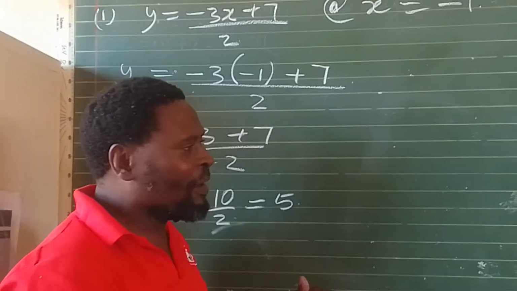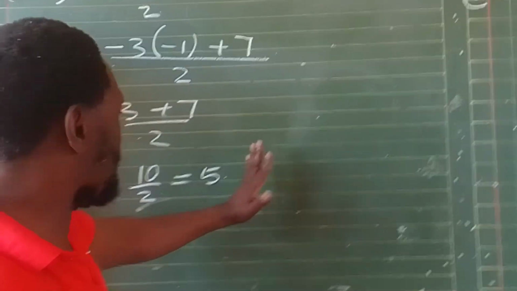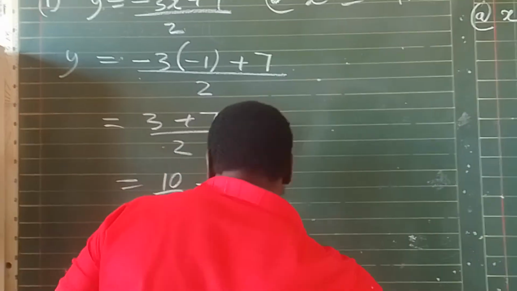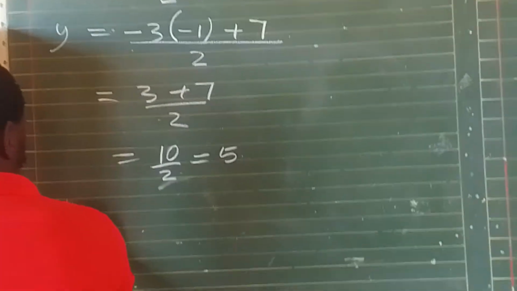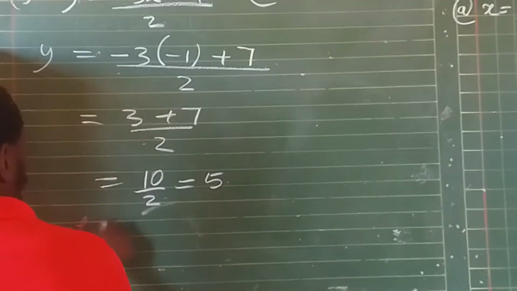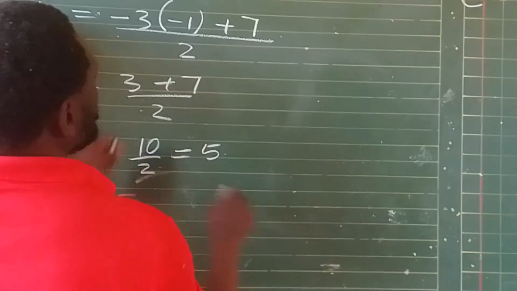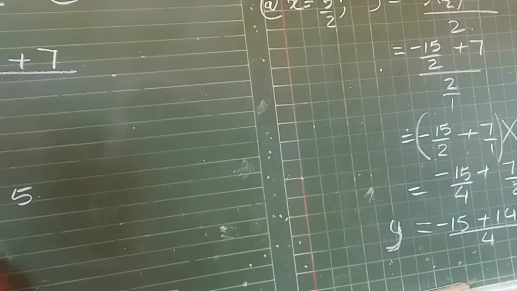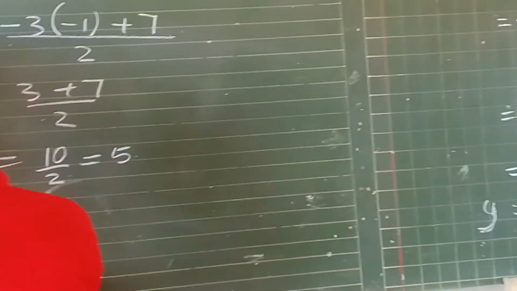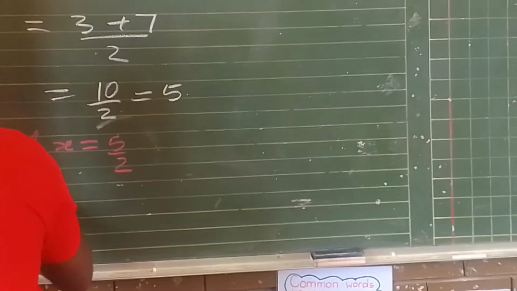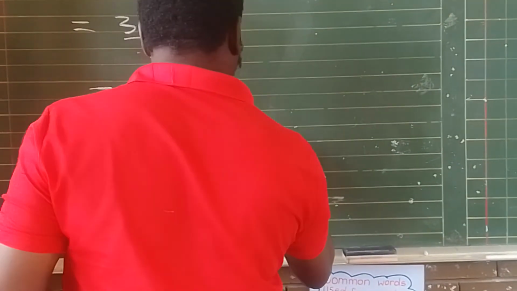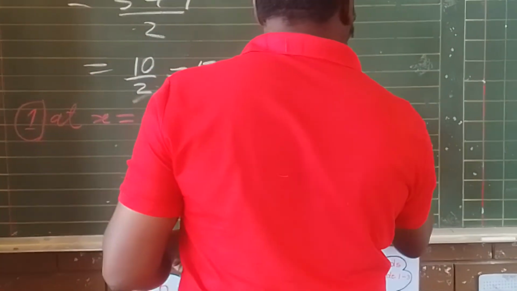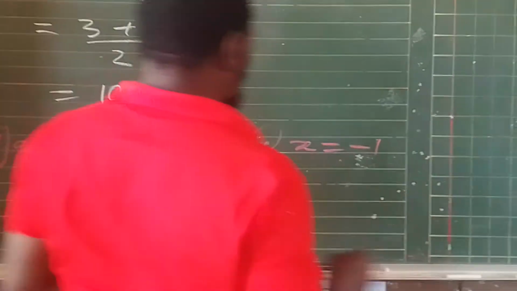Now it comes to the crucial part where you have to represent your solutions. You are going to call this one at x equal to 5 over 2, and then the second point is going to be at x equal to minus 1.